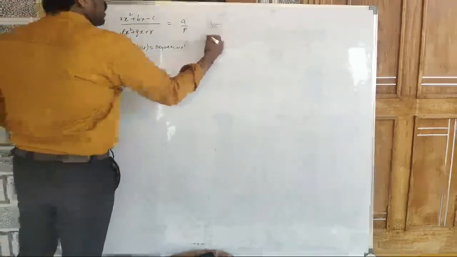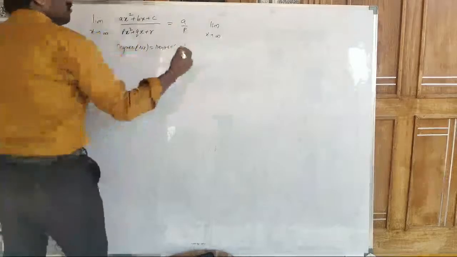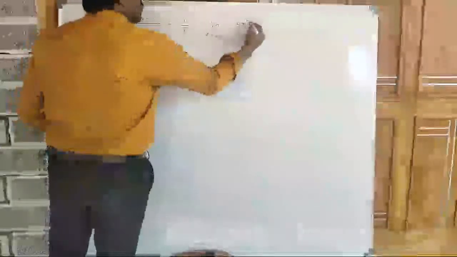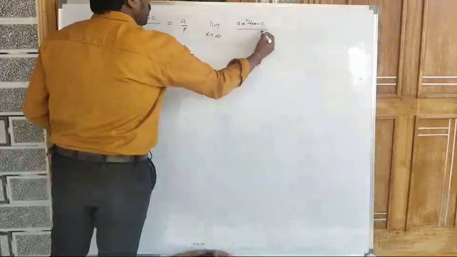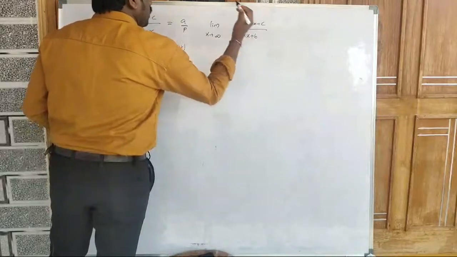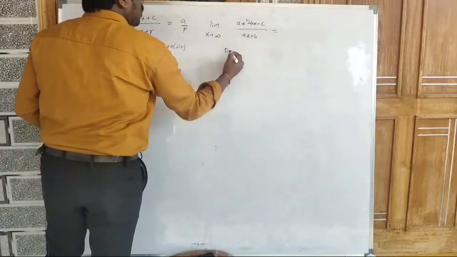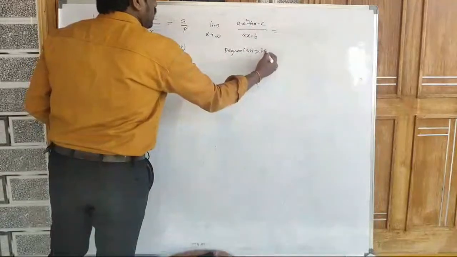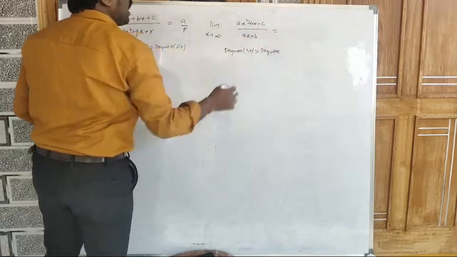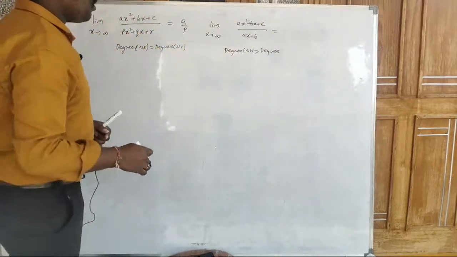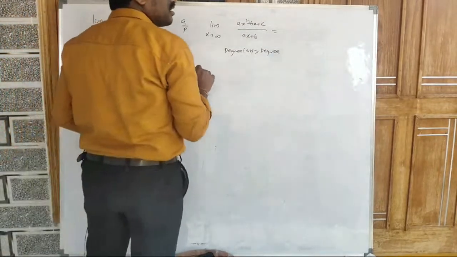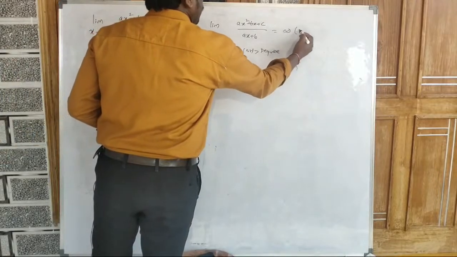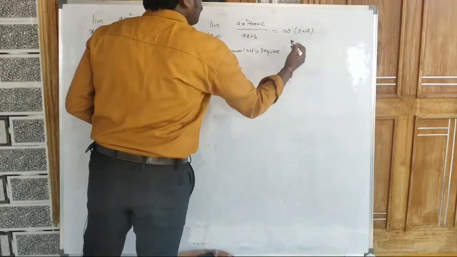When limit x tending to infinity, you have (ax² + bx + c) upon (ax + b), suppose the degree of numerator is greater than the degree of denominator, then what will be the answer? Infinity. We can also say DNE.